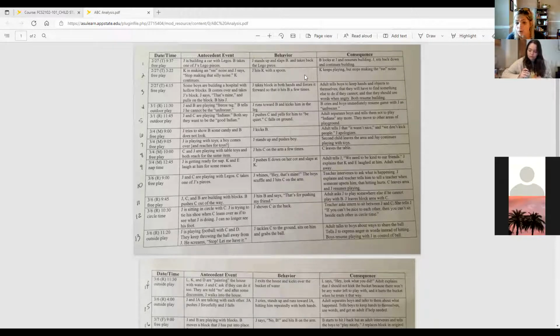The work that you're going to do is based on column A for antecedent, what happened before the behavior, and C, consequence, what happened after the behavior. You're going to look at what the function of this behavior is. What might the child be gaining from engaging in this behavior? Then we're going to make some recommendations based on our analysis.